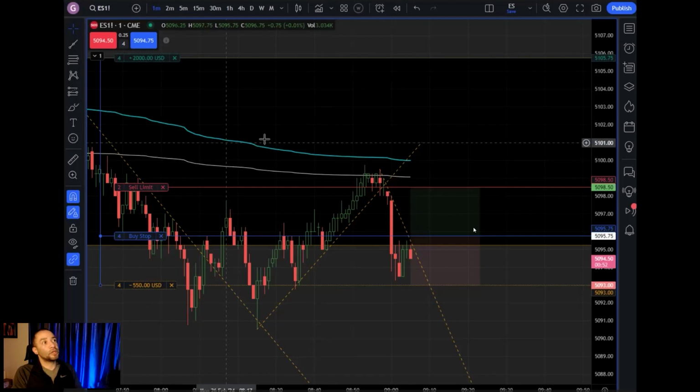And that will allow me to hold this trade for longer. If I take off half and then the remaining half of my position comes back and gets stopped out, then it's just a break-even trade. So that's my plan here, is take off half at a 1-to-1 risk to reward ratio.